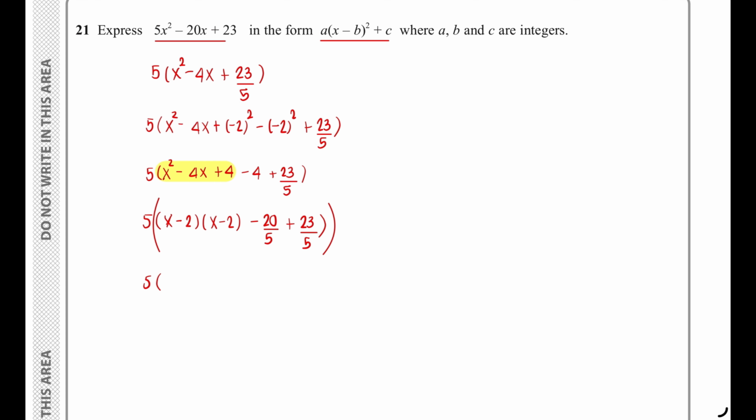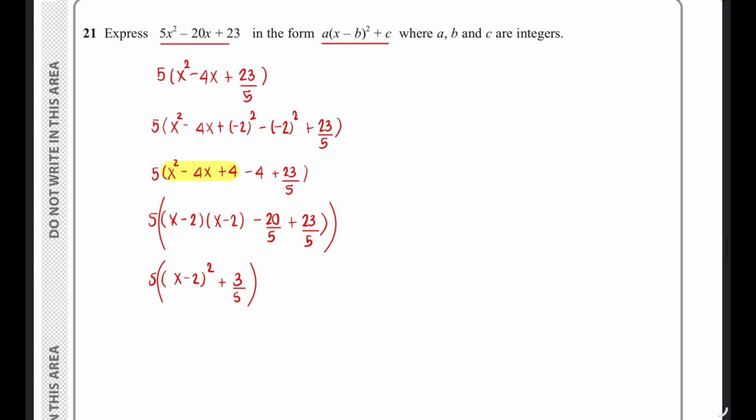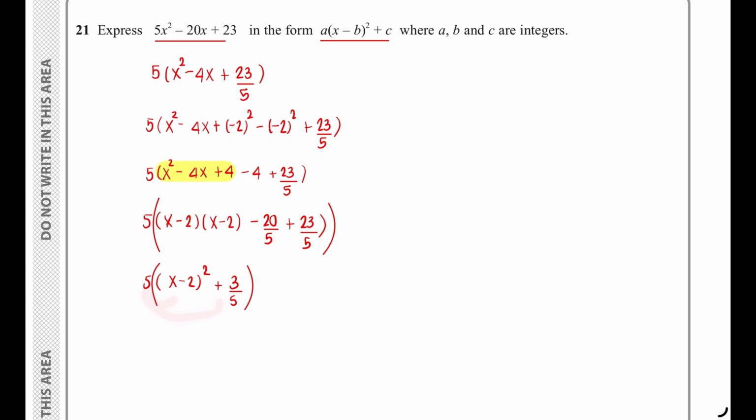So that I will have x minus 2 squared plus 3 over 5. And the last step is I will multiply 5 into the bracket. So I will get 5 times x minus 2 squared plus 3. So this is the answer.